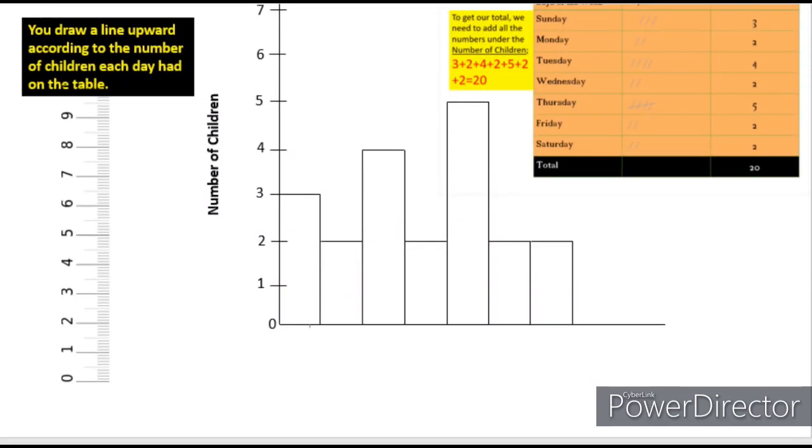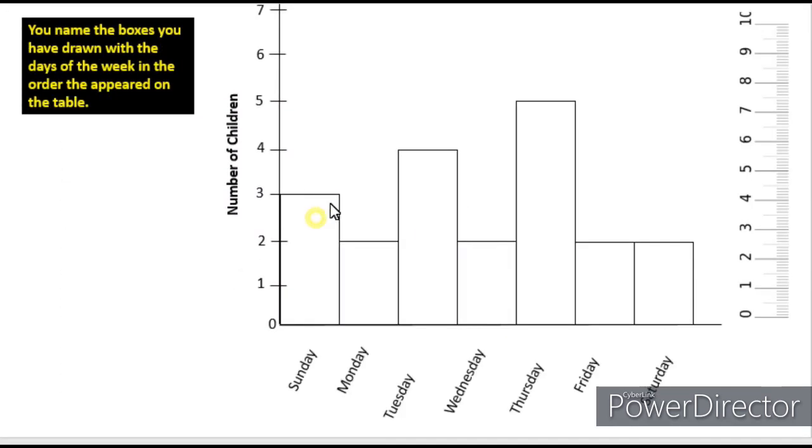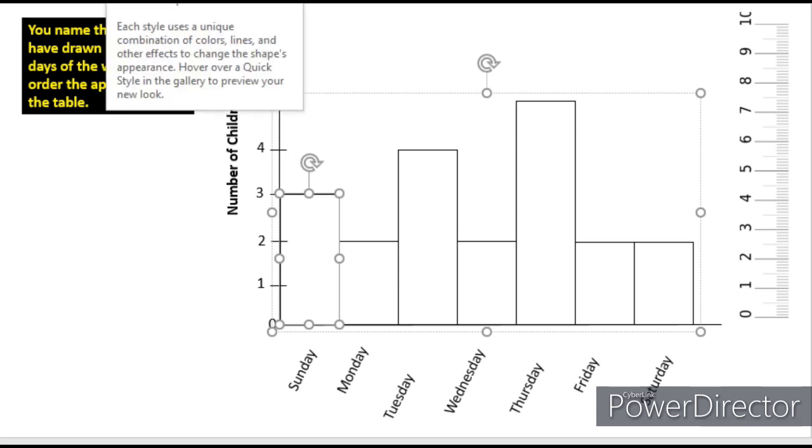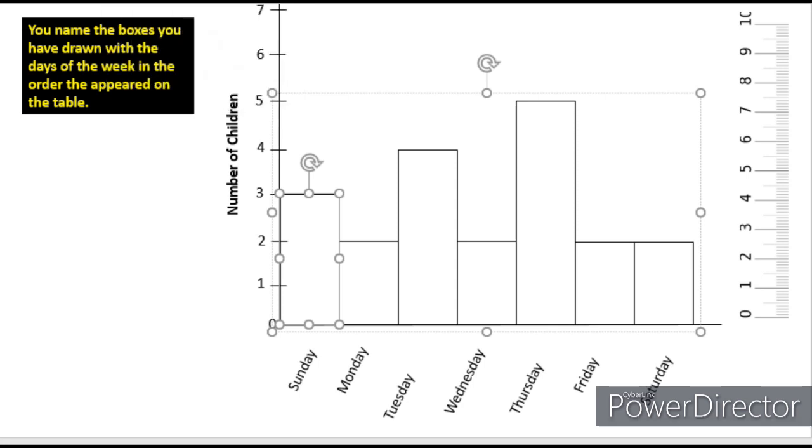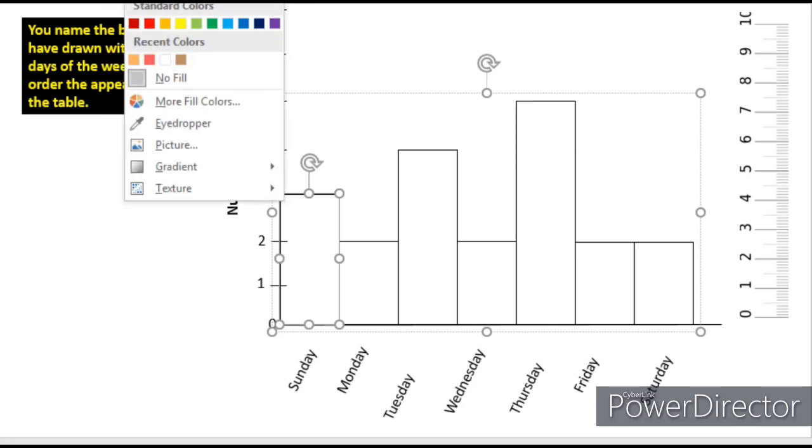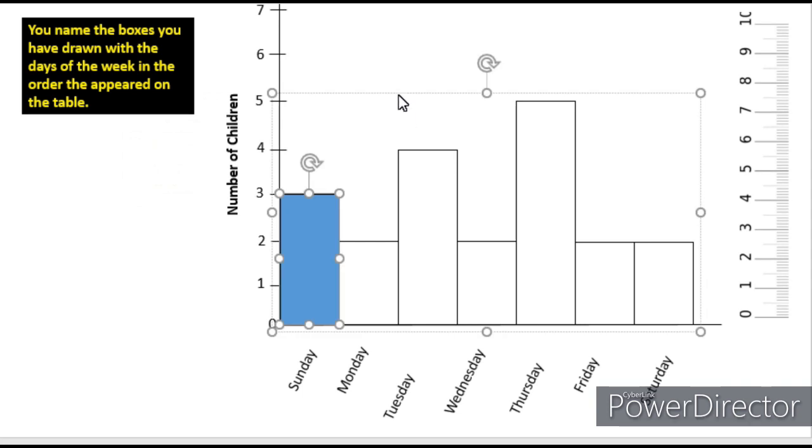You can decide to color it. So let's say I'll color this one. Let us use any color at all. So you can see blue.